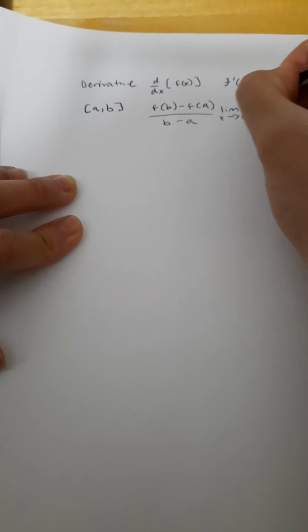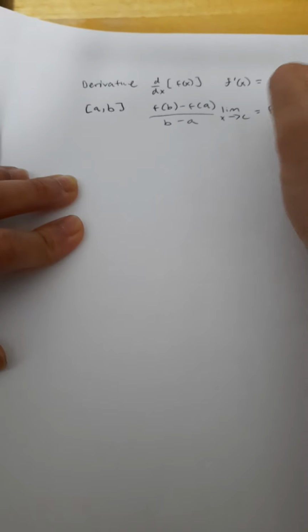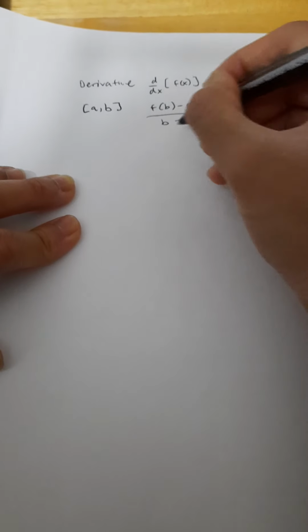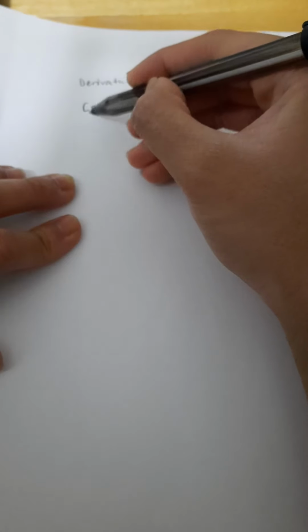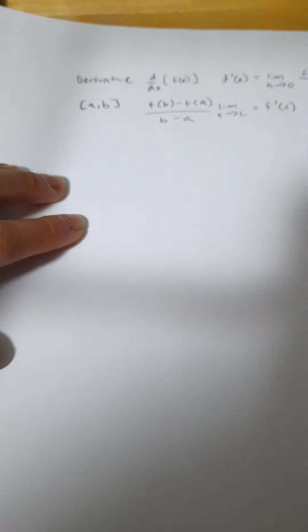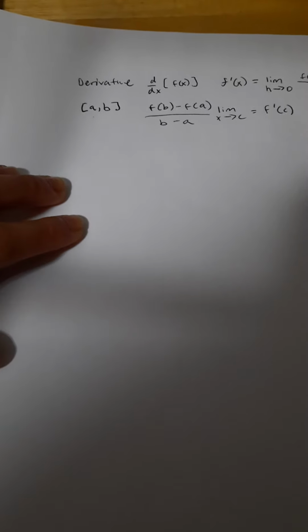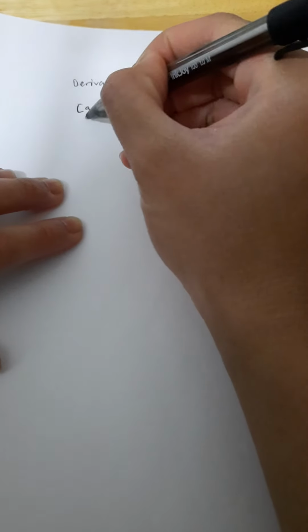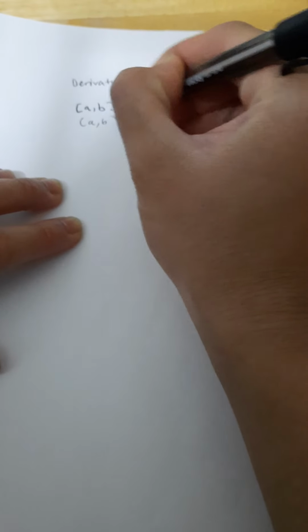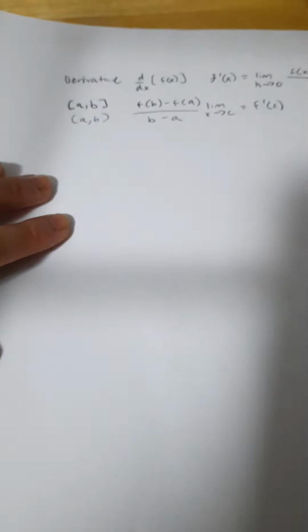And if this is the limit as x goes to c, then that's also the derivative at c. With this specific rule, you need it to be a continuous function on the closed interval, and the function must be differentiable in the open interval a to b. So those are two things.